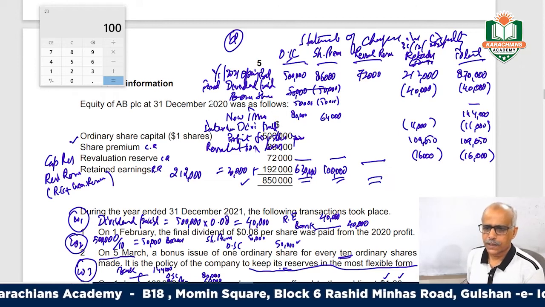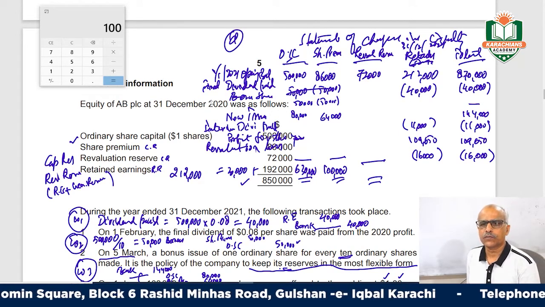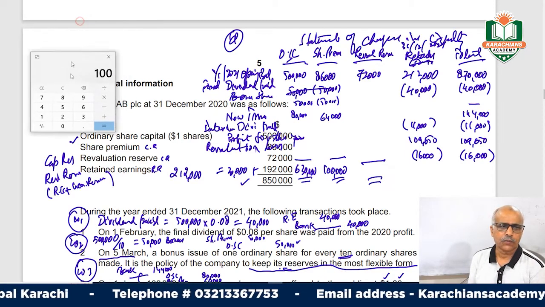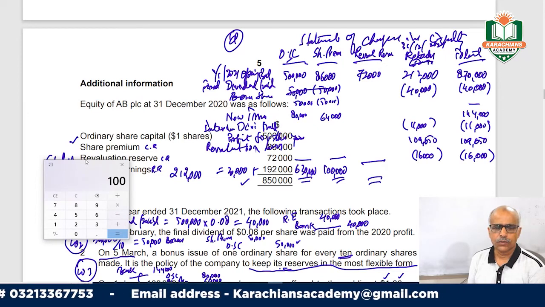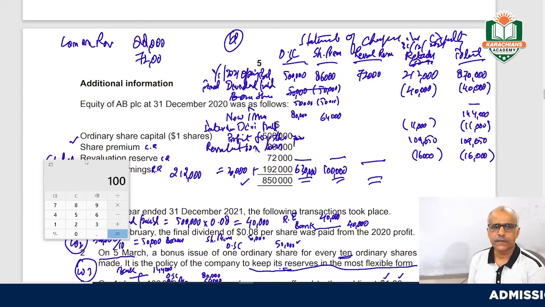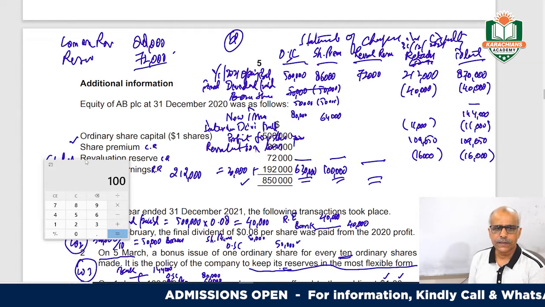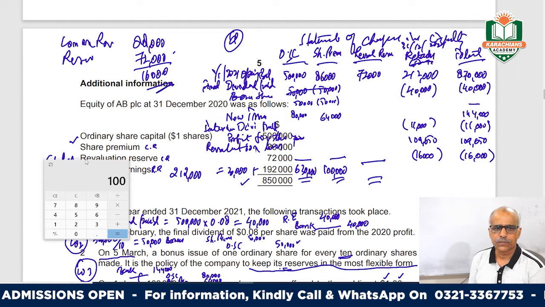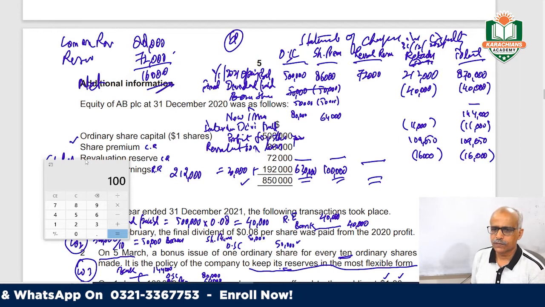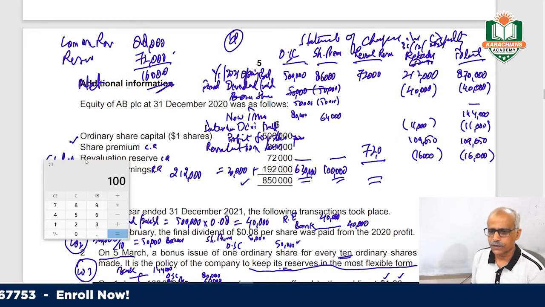Here you remember this was the opening balance, but this got adjusted against 88,000. You remember the loss on revaluation was 88,000, and you already had 72,000 reserves. So that reserves will be adjusted against it, and then this was the net loss. So this net loss we have taken here, and this 72,000 was finished. This was adjusted, right?